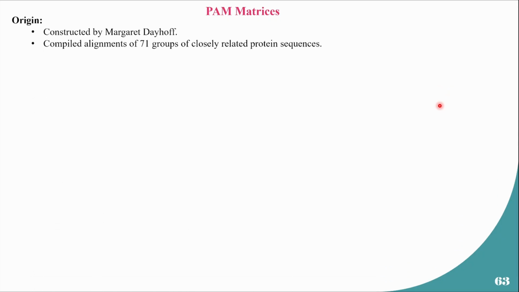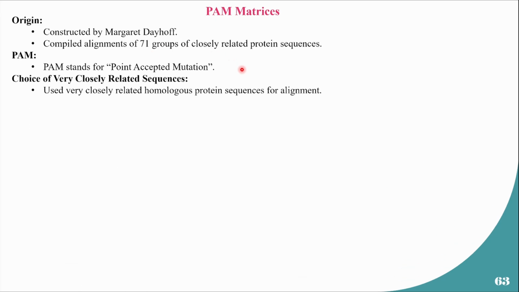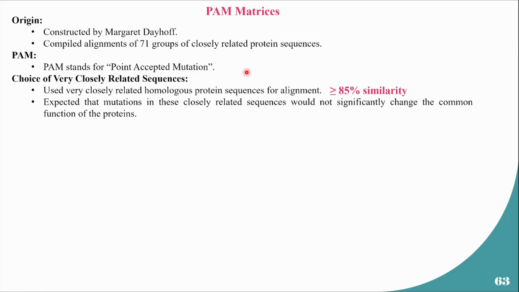Now, the PAM matrix was originally constructed by Margaret Dayhoff. What she and her group did is that 71 groups of closely related protein sequences were taken, and they used a cutoff of greater than or equal to 85% similarity for determining which could be classified as closely related proteins.